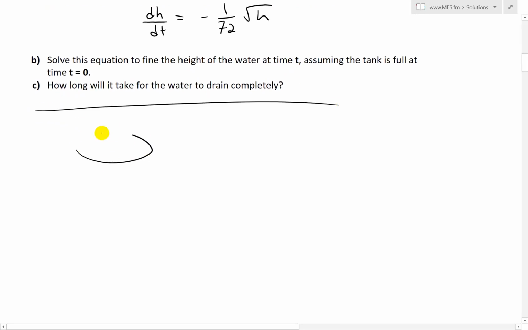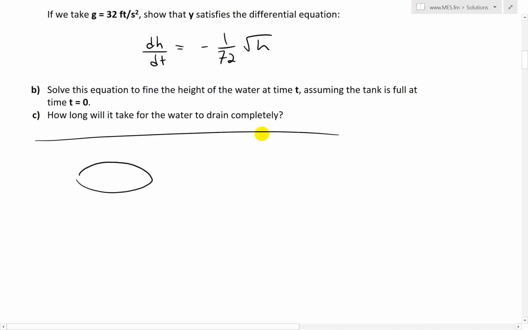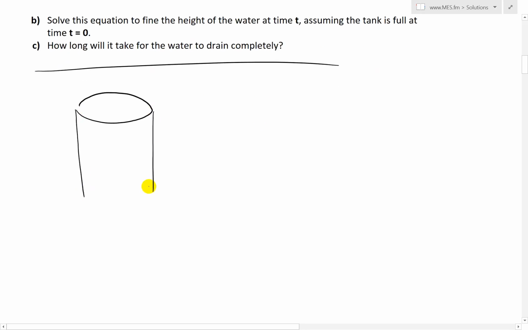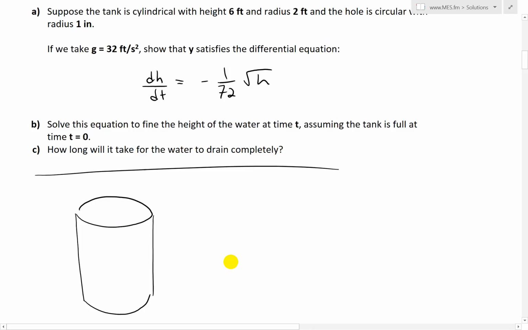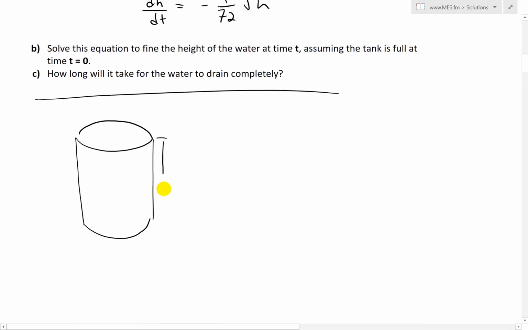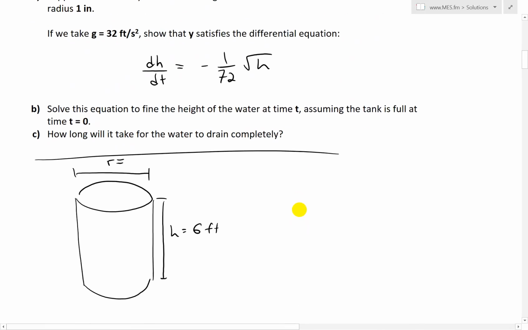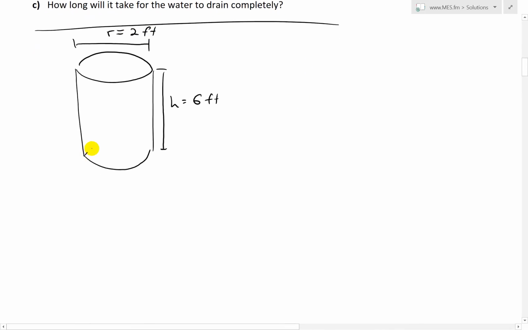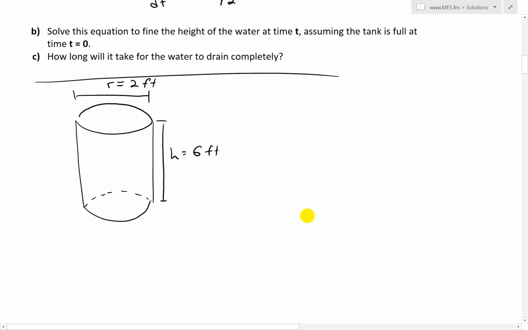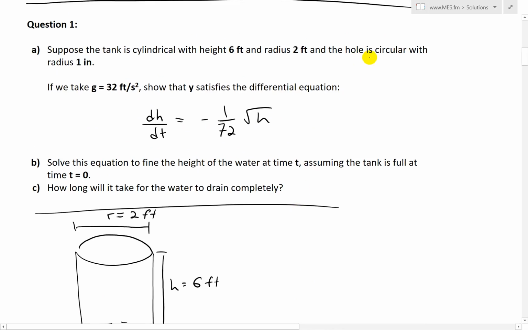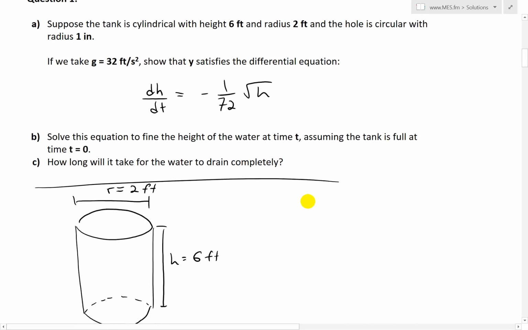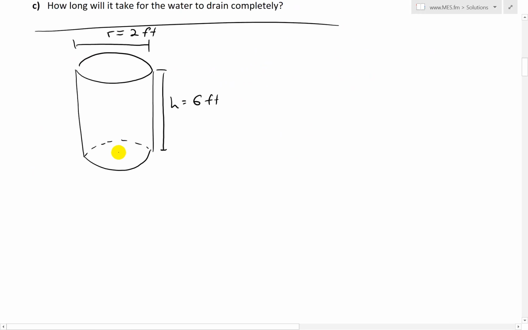So we have a cylindrical tank like this, and it is 6 feet tall. H equals 6 feet, and as a radius, we'll call this R. R is equal to 2 feet. So we're working in feet right here, and at the bottom it says there is a hole, circular with radius 1 inch. So that's this one right here.